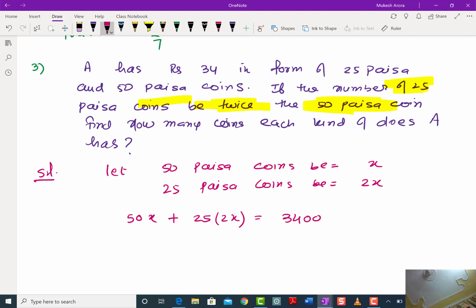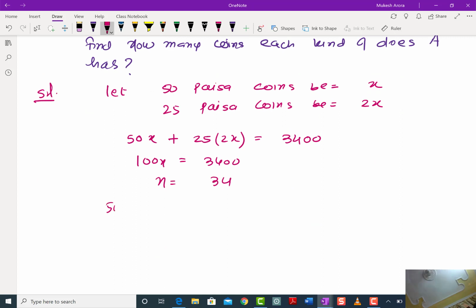Because it was in paisa, I have changed rupees into paisa. So 100x is equal to 3400, x is equal to 34. X means 50 paisa coins are 34, and 25 paisa coins will be 34 into 2, 68.